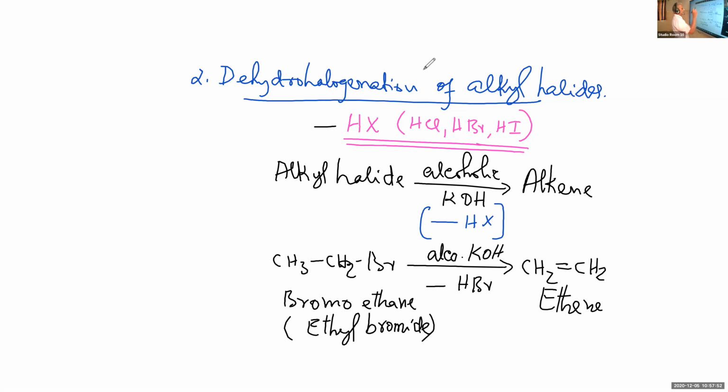So another term comes here. The carbon atom bearing the functional group is called the alpha carbon. Here the functional group is the bromine atom, so the carbon atom to which bromine is directly linked is the alpha carbon. The next neighbor is beta.